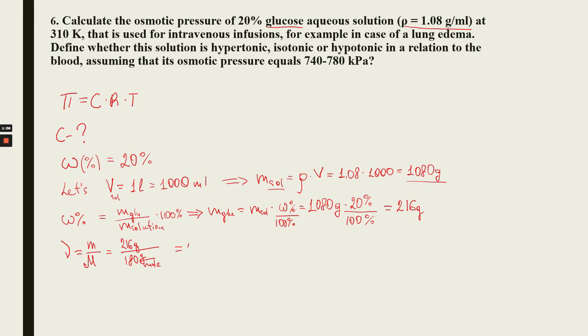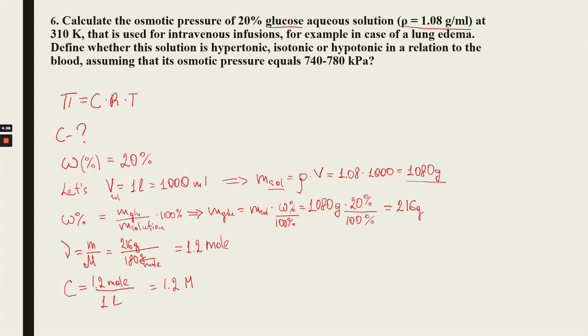And it will give us 1.2 moles. And so the molar concentration is equal 1.2 moles, and we divide by volume. The volume is 1 liter. So 1.2 moles per liter, or 1.2 M.